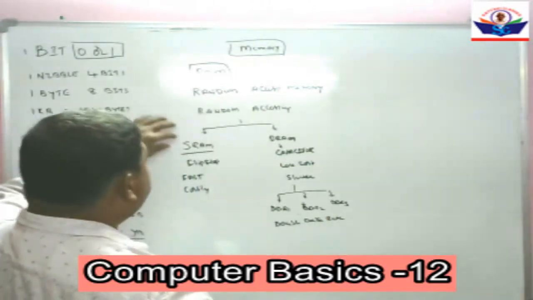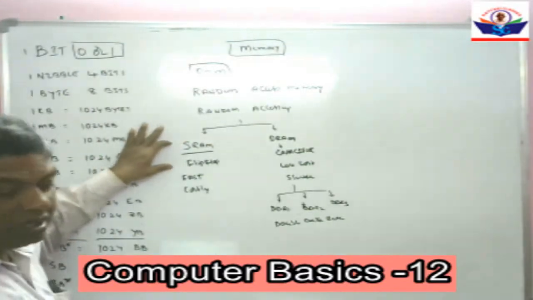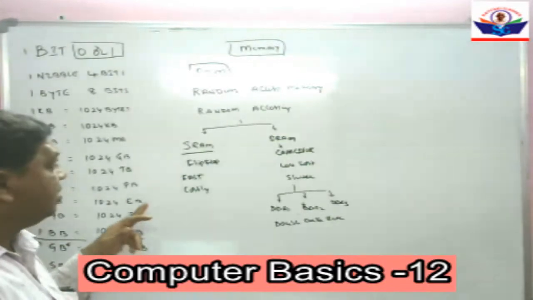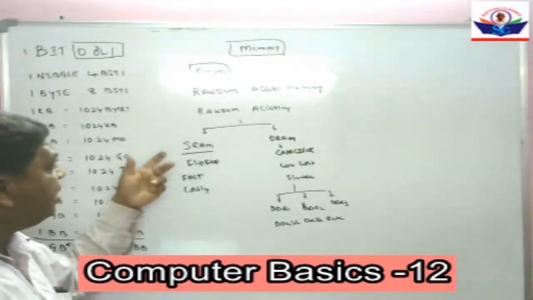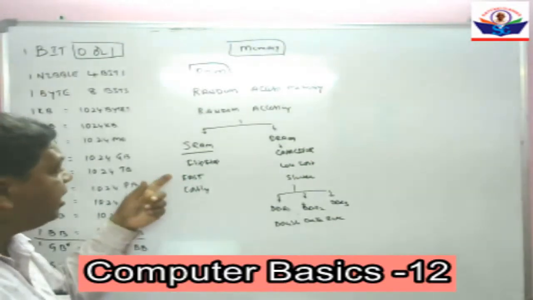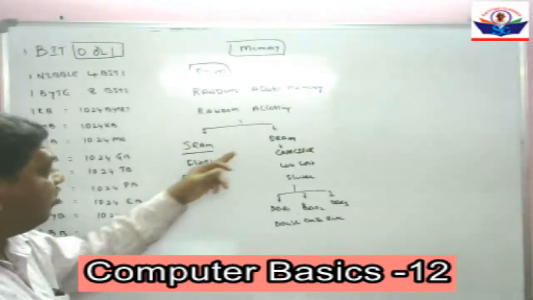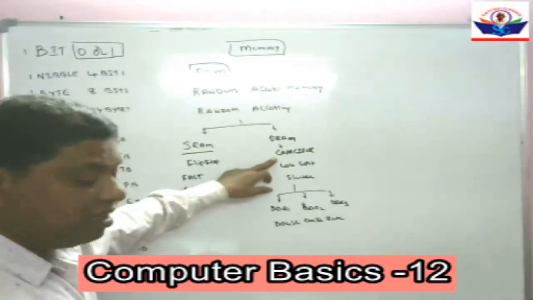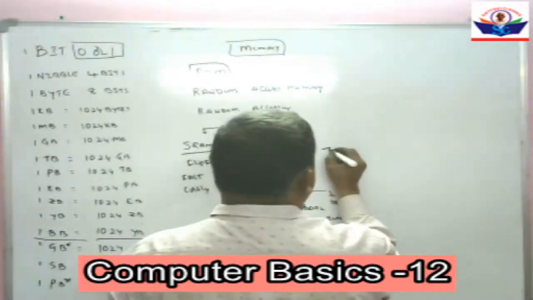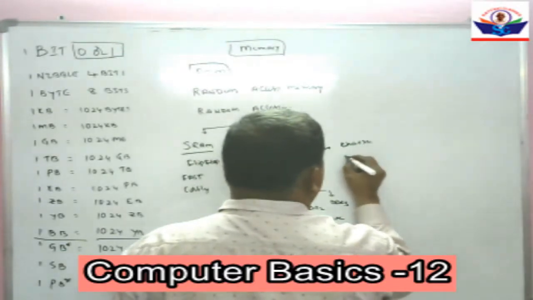SRAM is made up of flip-flops, so there is no need to refresh. That is why it is fast; SRAM does not need to be refreshed many times. DRAM is made up of capacitors, and the property of a capacitor is charge and discharge.